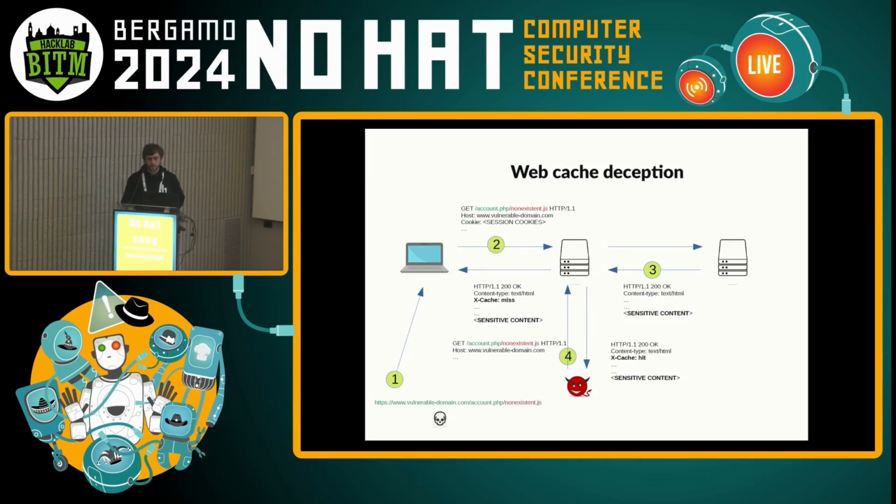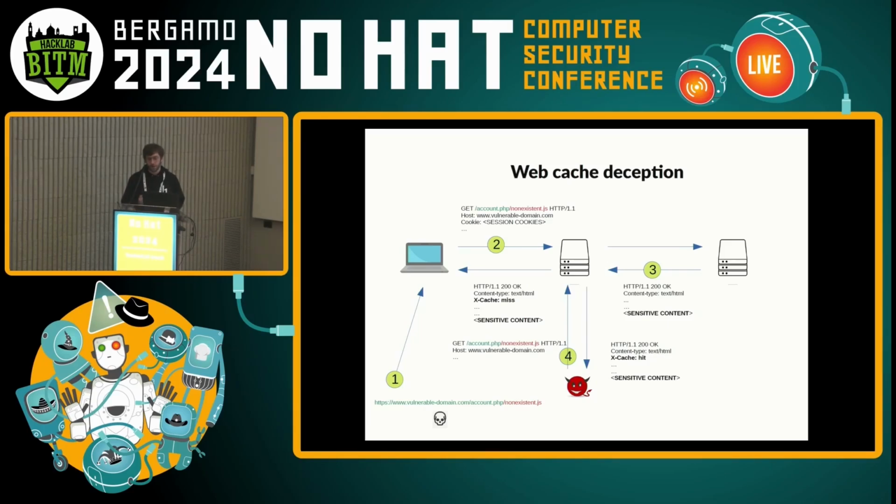The request reaches the intermediary node that forwards the request to the origin server. The origin server, for some reason, there are a lot of reasons, responds with the resource requested with sensitive content inside the body of the HTTP response.